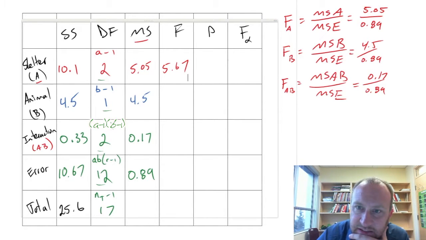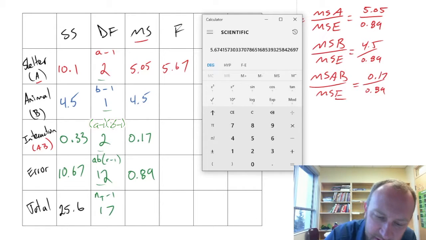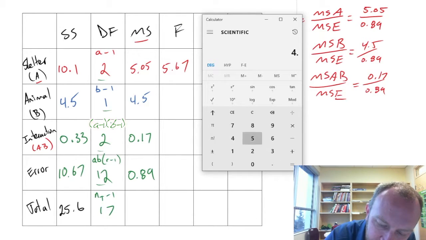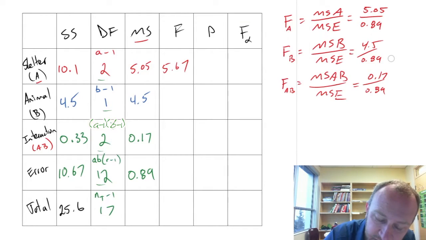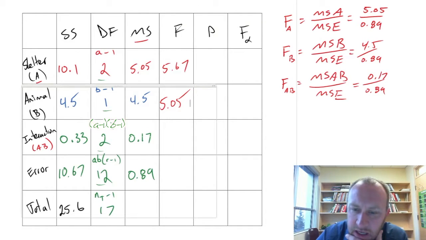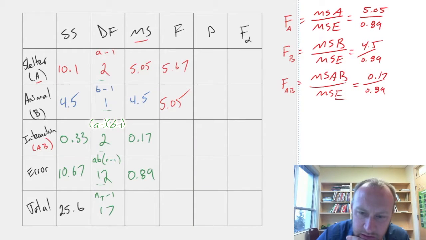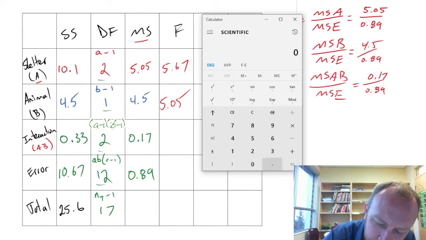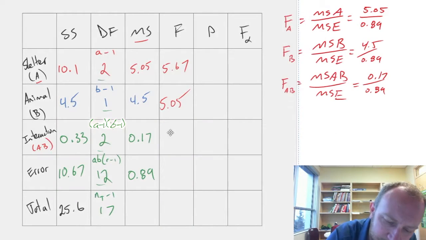Our next one for MSB, 4.5 divided by 0.89 is 5.05. Our next one is 0.17 divided by 0.89, so 0.19.